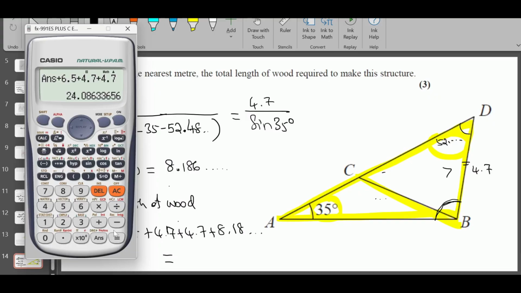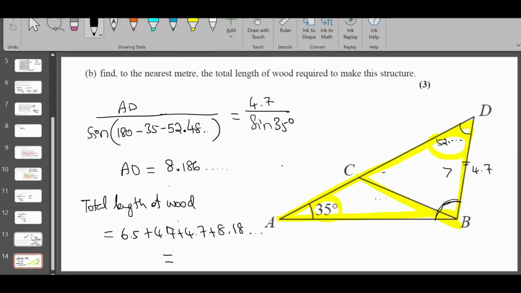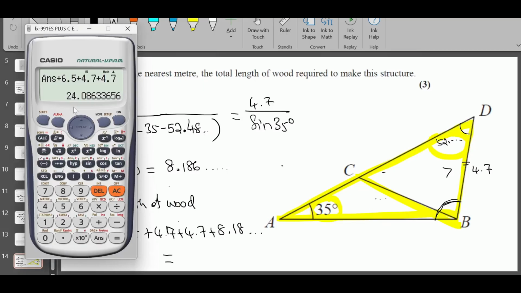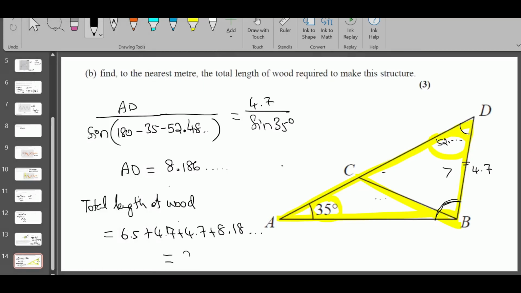They want the answer to the nearest meter. What is the measurement given here? All of them in meter. So you're going to get the answer as 24.08 etc., which is 24.1 meter. But they want the answer to the nearest meter, so write it as 24 meter. That's all.